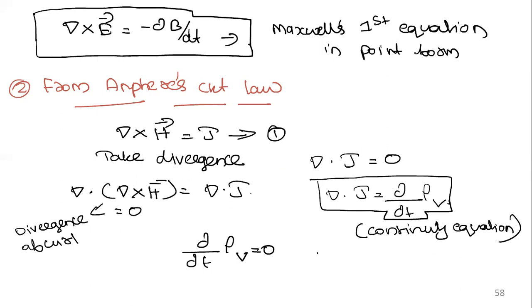That means rho V. What is rho V? Rho V is the volume charge density. So dou by dou t of rho V equal to 0. What does that mean? That is, rho V is not changing. That is the volume charge density is not changing.